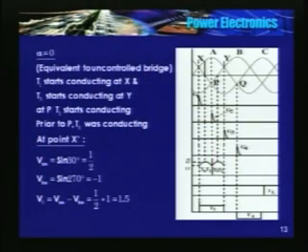I will repeat. In a common anode configuration, or in the lower half of the bridge, changeover takes place at P, Q and R. So if I have an uncontrolled bridge, all six elements are diodes.